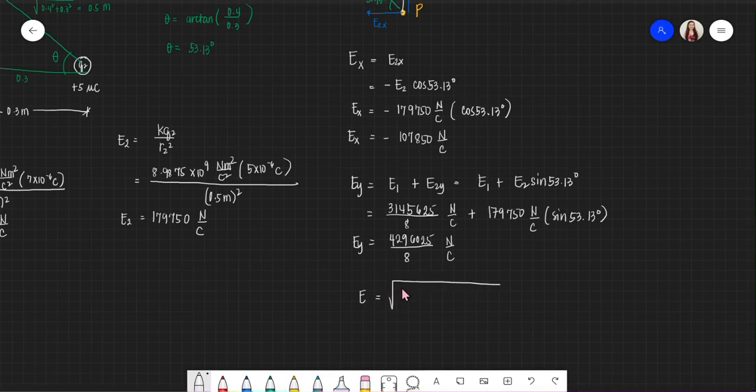So therefore, the net electric field there is the square root of 429,6025 over 8 newtons per coulomb quantity squared plus negative 107,850 newtons per coulomb quantity squared.